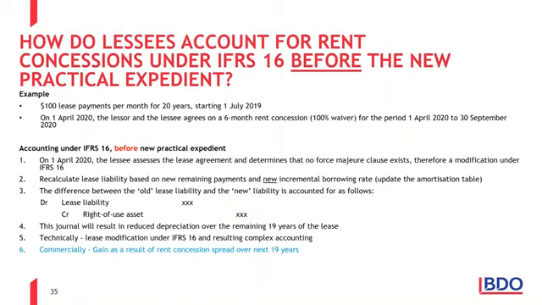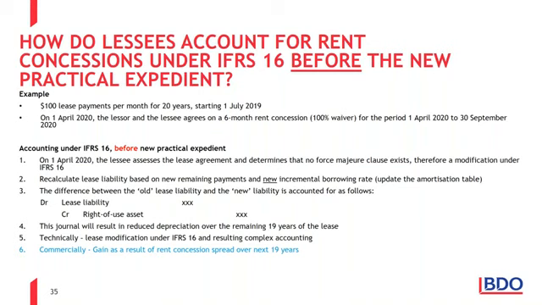And when you have that new lease liability on the 1st of April, you'll also have to do a new amortization table for the remainder of this lease. When on the 1st of April you compare your old lease liability and the new lease liability we've just worked out, your journal would be debit your lease liability and credit your right of use asset, as required by the original IFRS 16, with the difference between those two amounts.